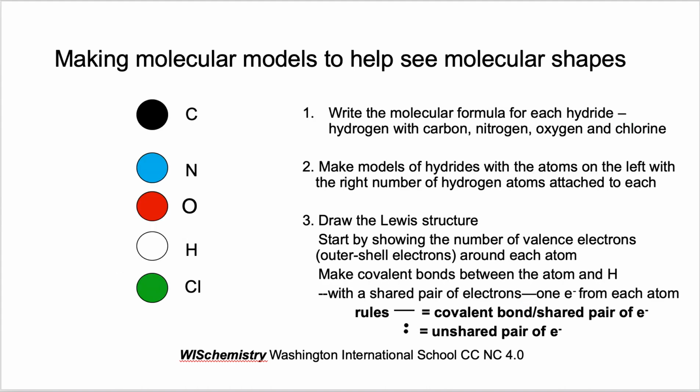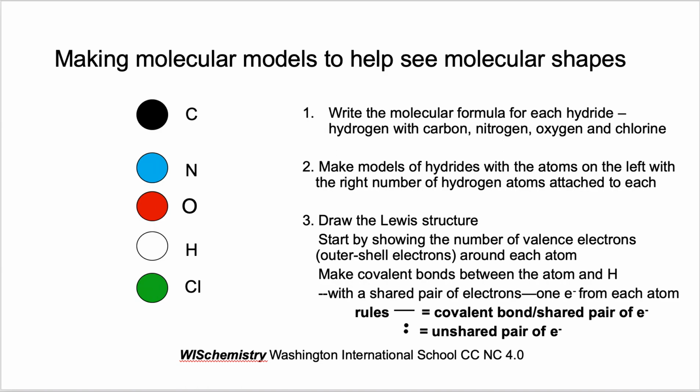You can also make models. Here are the standard colours of particular atoms, mainly because as you buy kits, they have the right number of links to put bonds in, or indeed lone pairs. So we're going to write the formula for each hydride, make models of them to see what we've got.